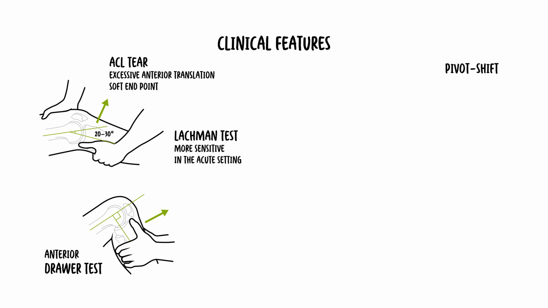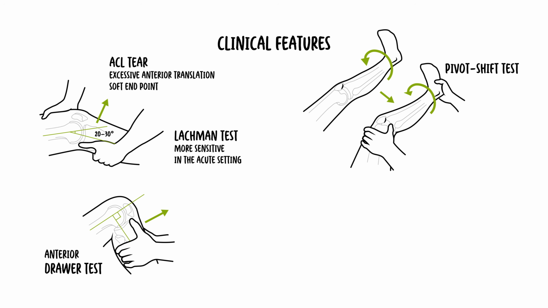The pivot shift test is highly specific for rotational instability, but is often difficult to perform when the patient is guarding. Here, the patient lies supine, while the examiner lifts the leg, internally rotates the tibia, and applies a valgus stress to the knee as it is moved from extension into flexion.